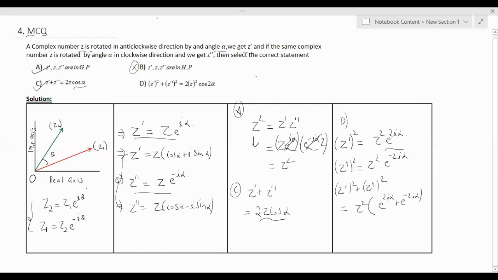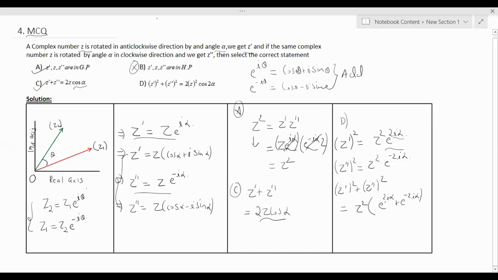If you have e power I theta, you can any day write it as cos theta plus I sin theta. When you have e power minus I theta, you can any day write it as cos theta minus I sin theta. So if you put theta equals 2 alpha and add them, the sine term will get cancelled and you will get 2 times cos theta.